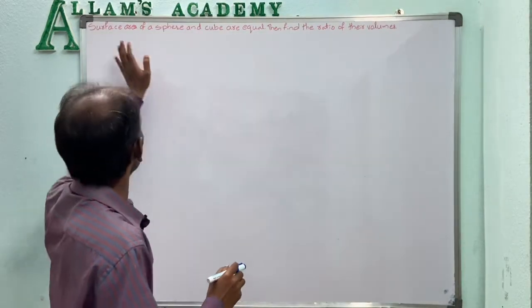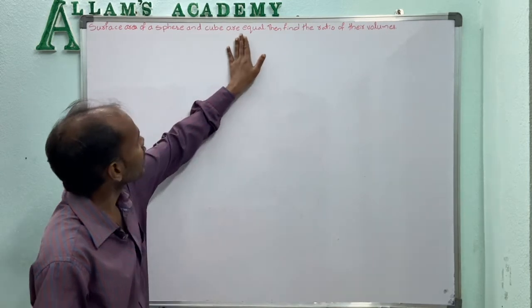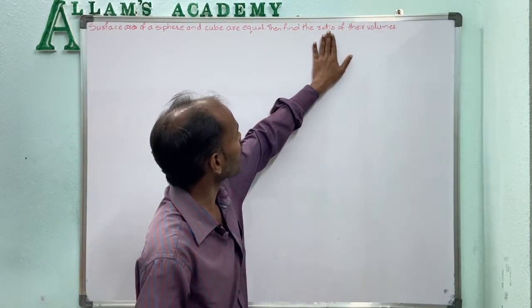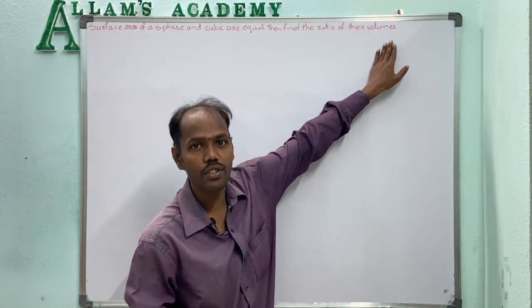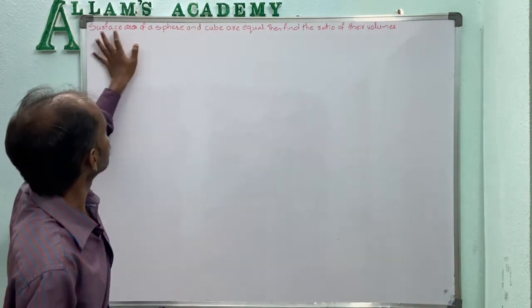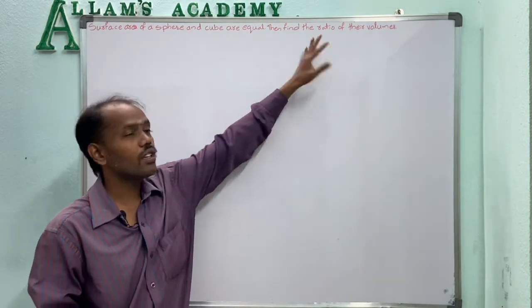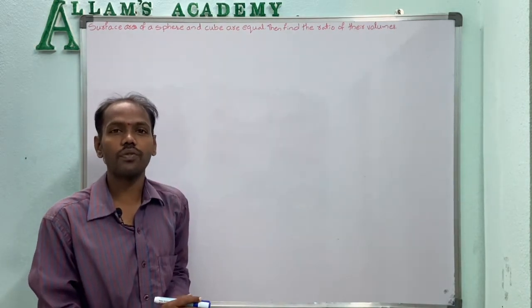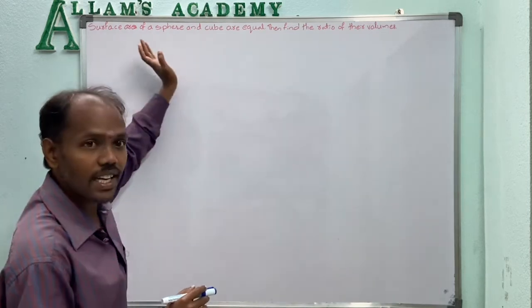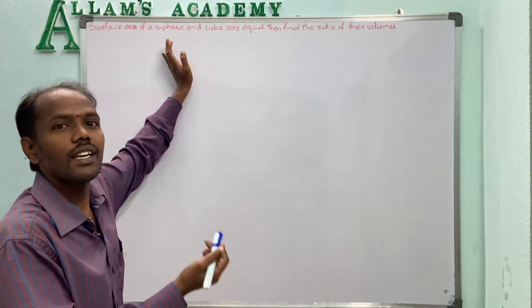Here the given problem is: the surface areas of a sphere and a cube are equal, then find the ratio of their volumes. So we are given that the sphere and cube surface areas are equal, and we have to find the ratio of their volumes. Here the given surface areas mean their total surface areas.